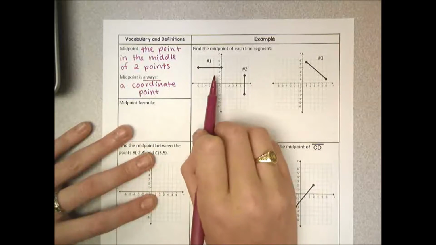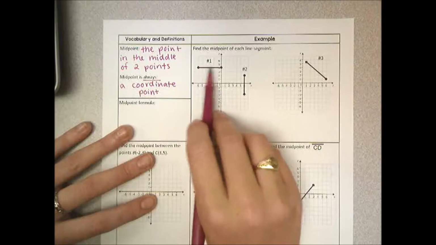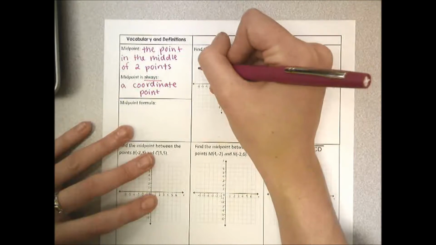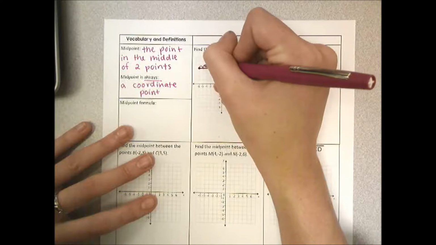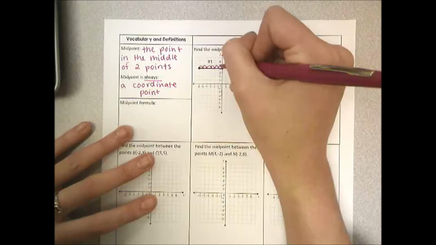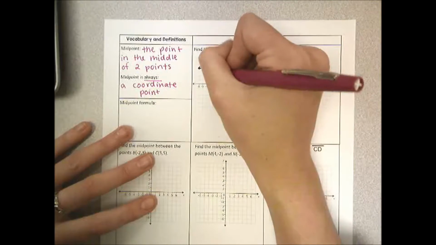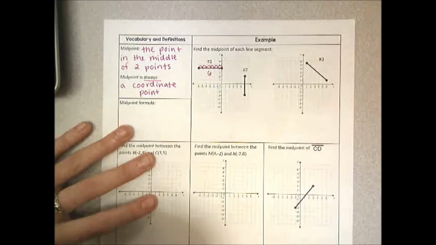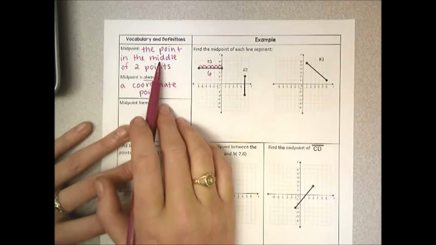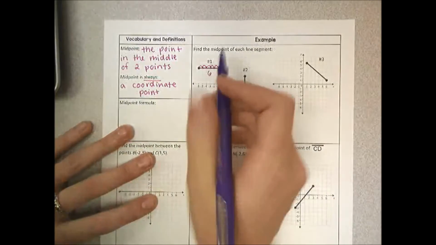So if we look over here at these examples, I can find the midpoint of these line segments. So if I count this line segment, I see that it is a distance of 1, 2, 3, 4, 5, 6. So that is 6 long. But if I want the middle of that point, I can count in from each side.